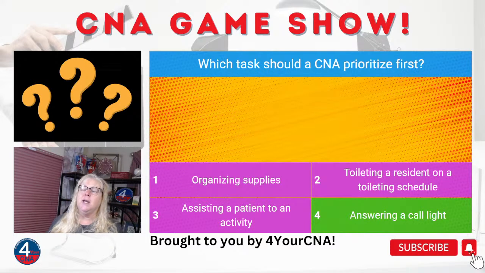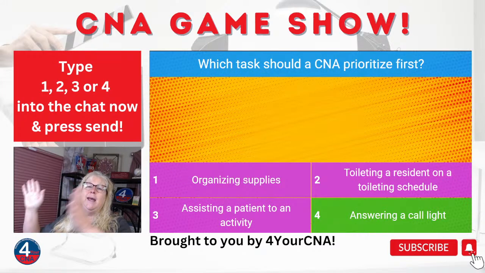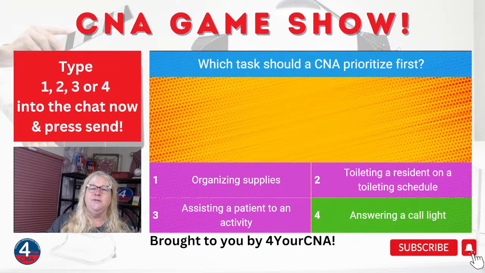So let's get to the others. Toileting a resident on a toileting schedule. If they're on a toileting schedule, that means every 2 hours we're taking them to a toilet, or at well-defined intervals, before meals, before bed, that type of thing.